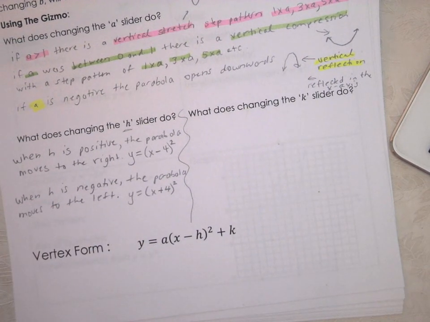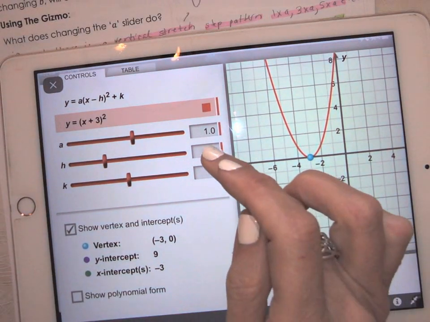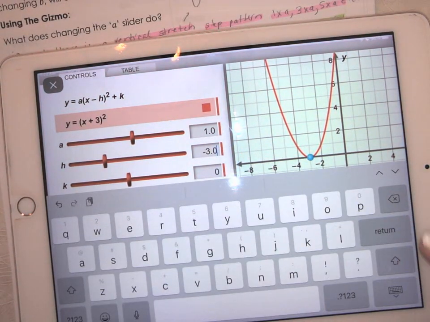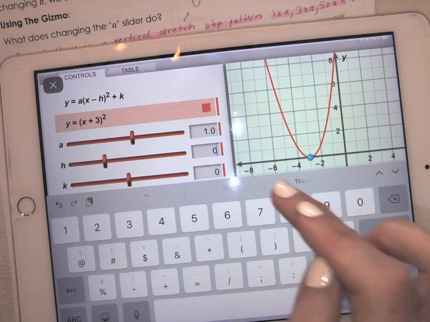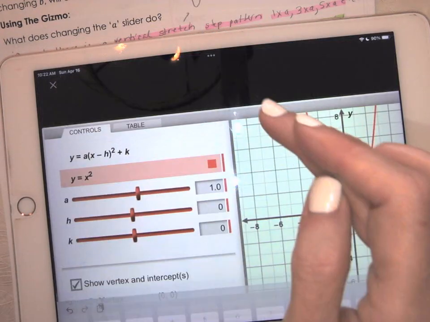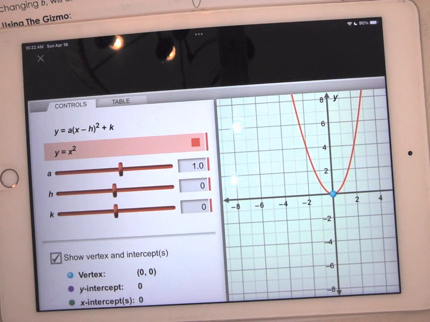All right, and then the last one we're going to look at is what does changing the K slider do? So I'm going to lock in our H slider at 0 again. And now we've got back our original parabola, y equals x squared, and now we're going to play with the K slider, okay?